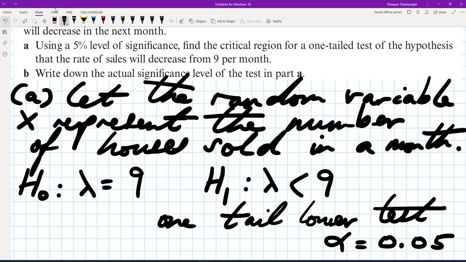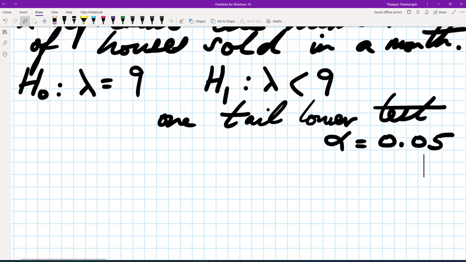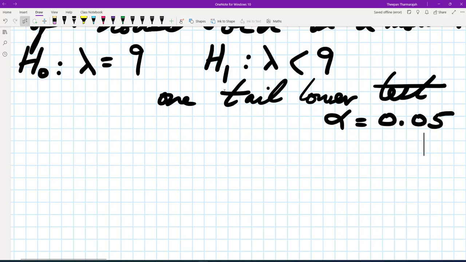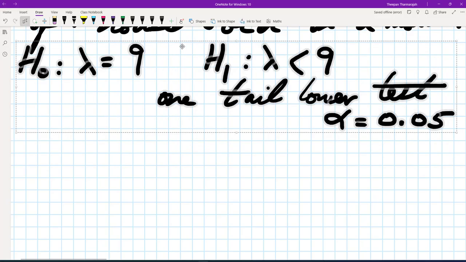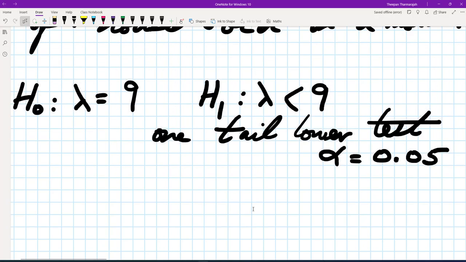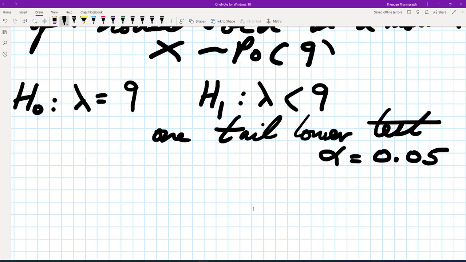So now we're going to do what we did previously by setting up our model. Oh, I should have written my model down. Let me move this bit down a little bit. Yeah, so we must have the model before that. So x follows the Poisson of 9.